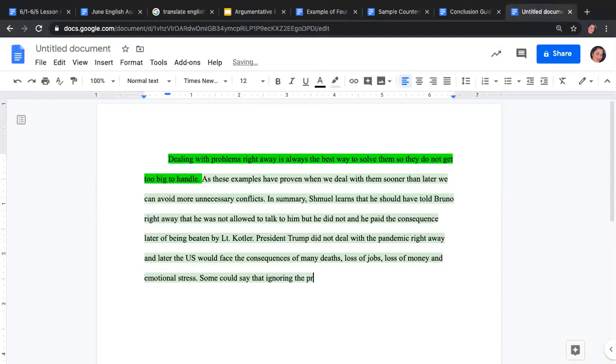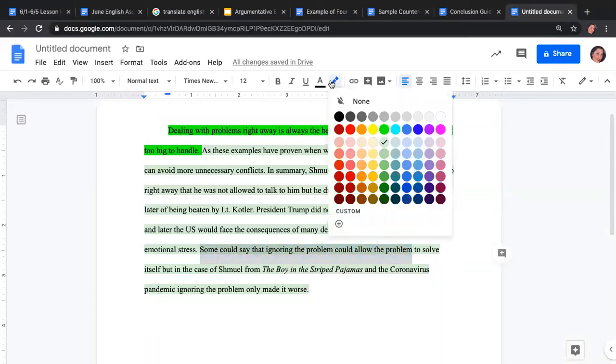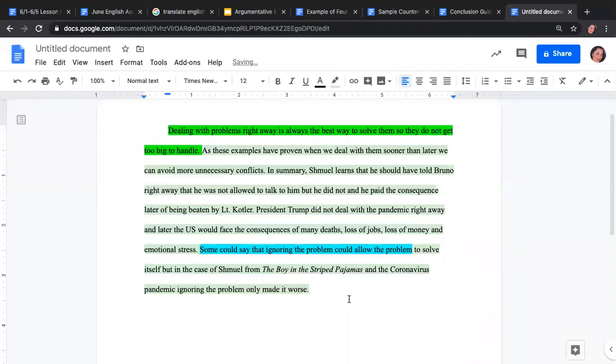Ignoring the problem could allow. All right, so I even touched a little bit on my counterclaim, so I'm going to put that in a different color. So some could say that ignoring the problem could allow the problem to solve itself, but in the case of Shmuel from The Boy in the Striped Pajamas and the coronavirus pandemic, ignoring the problem only made it worse.